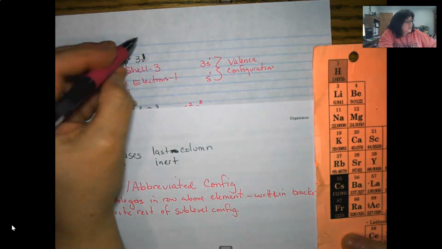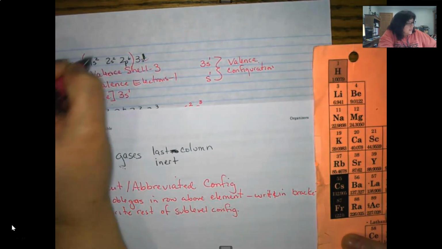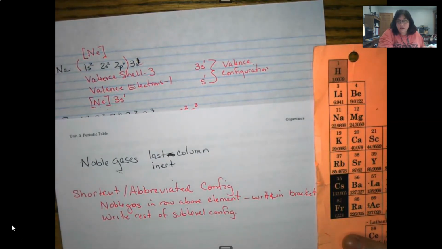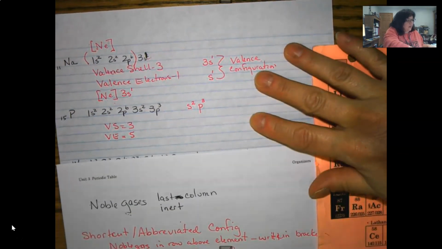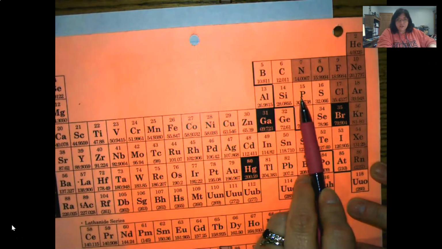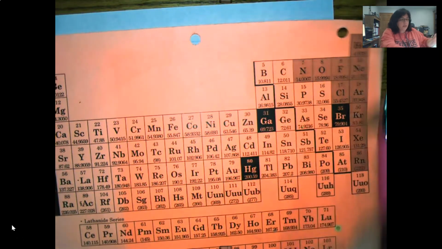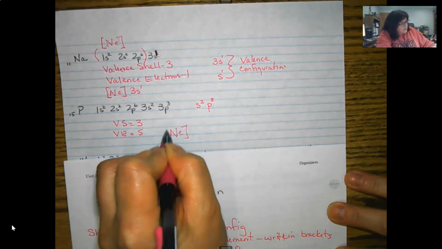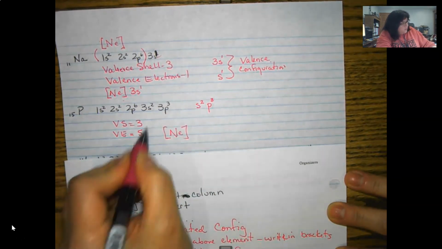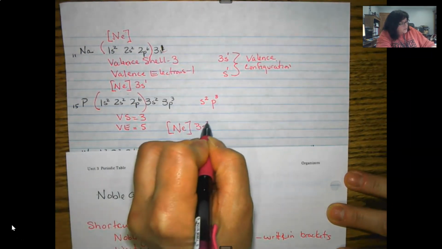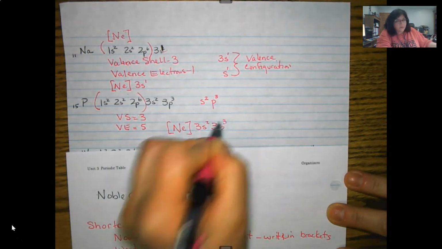A little bit. So this takes care of the noble gas configuration, and then I write what's left. Okay, so if I move on to phosphorus, it's going to look very similar. Phosphorus is also in row 3, just a little further down, so I'm still going to use neon. So I've got neon in brackets, and then what's left: 3s2, 3p3.